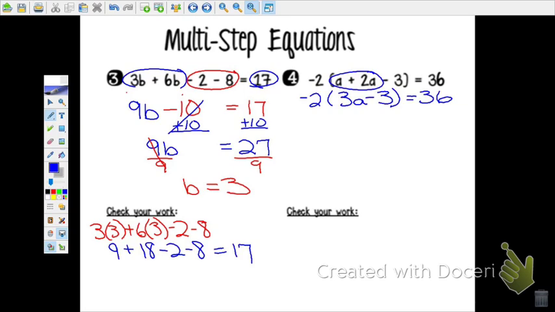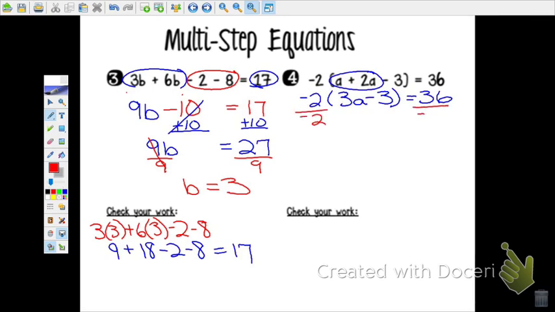So again, you have two options. You can either distribute that negative 2, or you can divide by negative 2 on both sides. Because negative 2 does go in evenly to 36, I'm going to do the division.